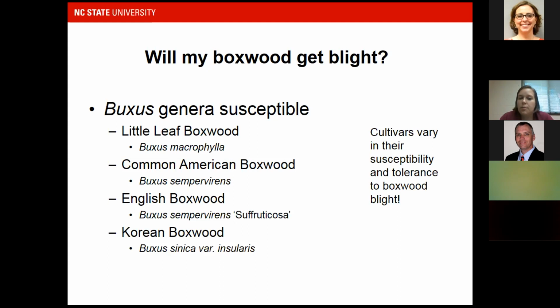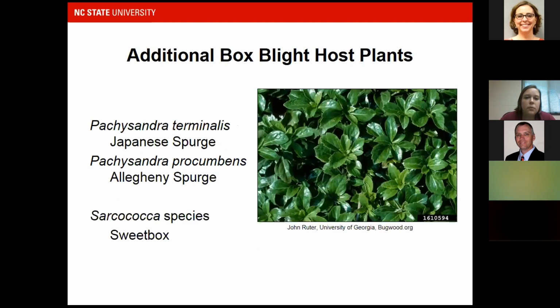The nurseries will probably have some information on their tags for the boxwoods. Also, Kelly Ivors, who is the predecessor to my boss, Sarah, did some work looking at different cultivars and their susceptibility to boxwood blight, and that information is on the NC State Extension Ornamental Plant Pathology Extension website, if you want a more specific listing of cultivars and their susceptibility and tolerance to boxwood blight.